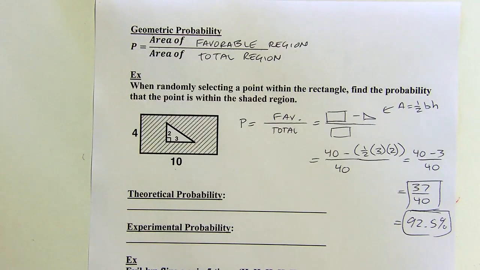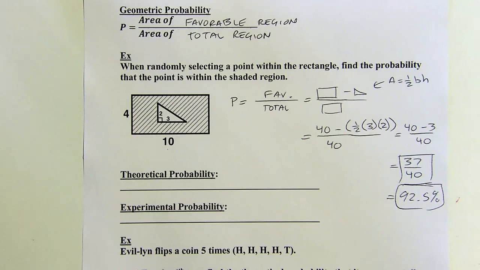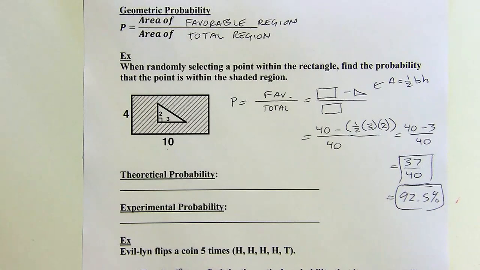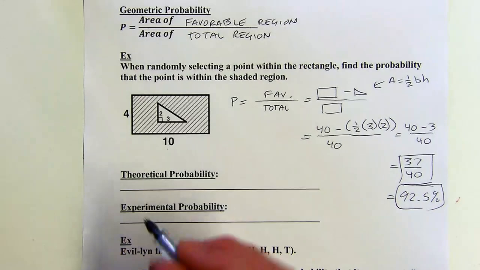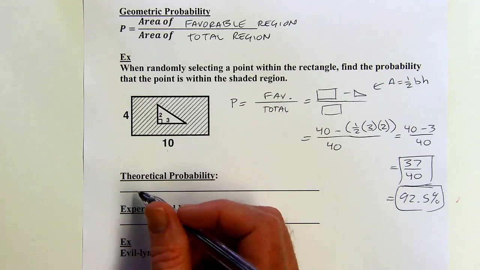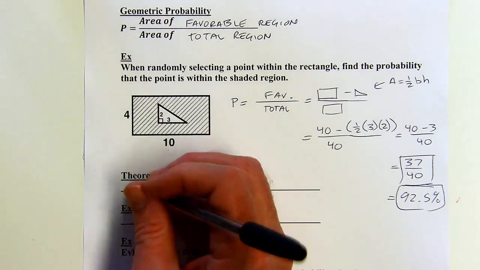So what we've been talking about so far is theoretical probability. So that's going to be based on what is likely to happen.